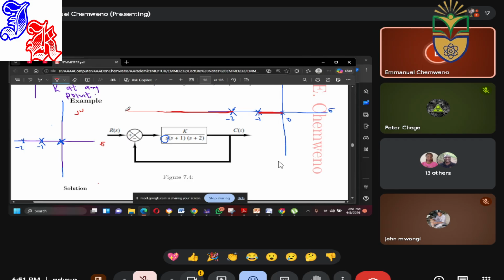So we expect that these two poles will meet, fight and separate. How? And where will they separate? Let's go to rule number 4.